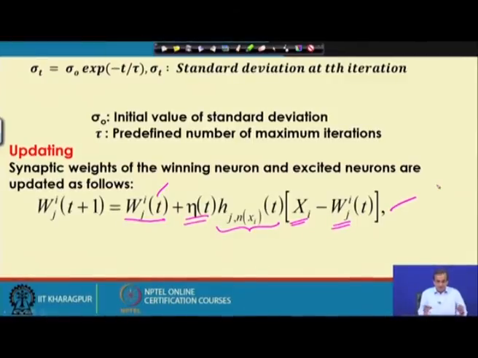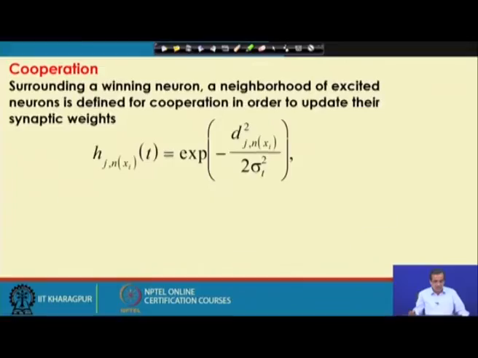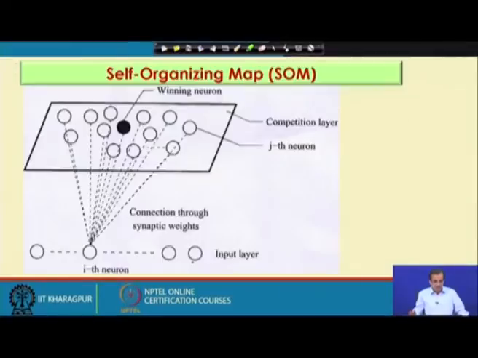Now, once again let us go back to the schematic view which we consider for the self organizing map. Now, this is the schematic view. So, corresponding to this particular ith data point, I have got one connecting weight, the updated one.